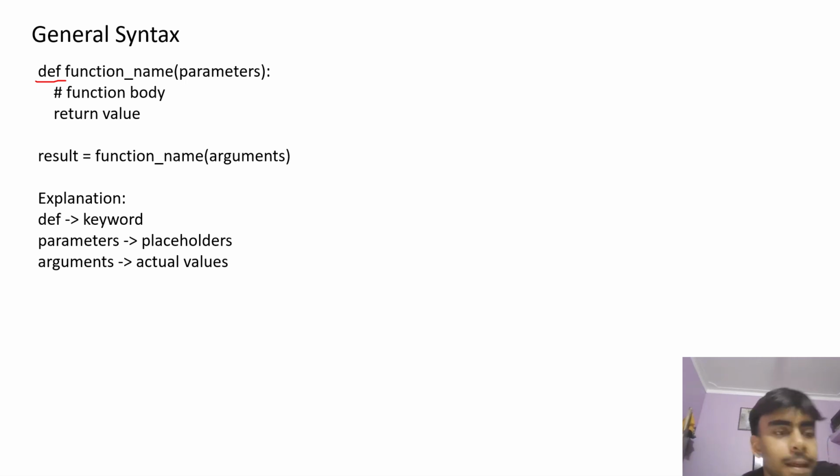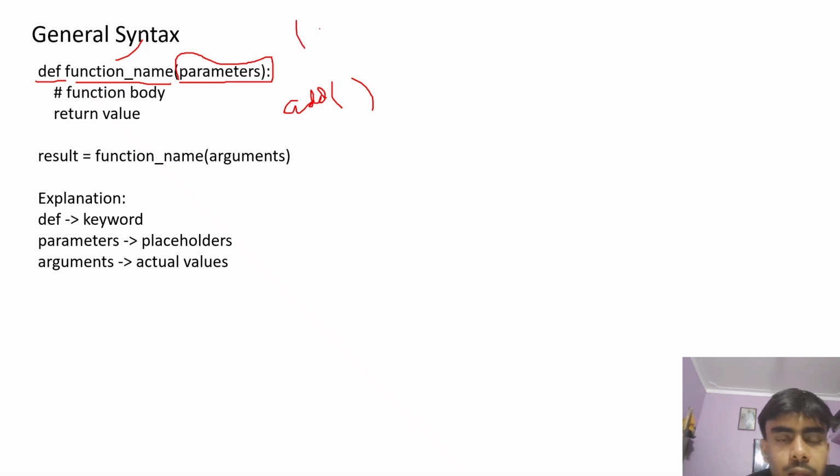Here def is a keyword. After that we write our function name, whatever you want, like add, and then parentheses. Here is your function name and here are your parameters. You can write your parameters in this, like a, b.